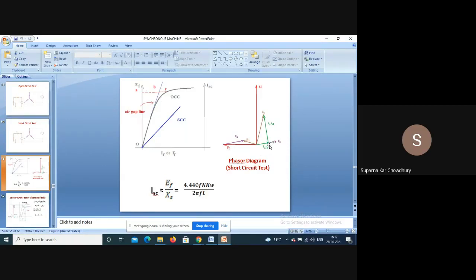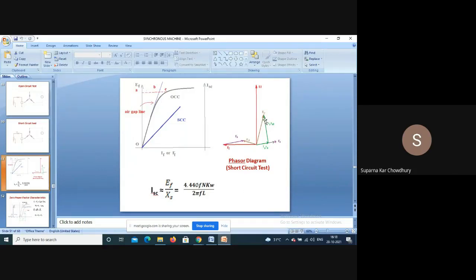This is only true if the frequency is near the rated value or greater, but not if it is very low. In that case, the resistance is no longer negligible, so this condition does not hold good. But it can be done at a speed slightly less than the synchronous speed. These things we have studied earlier.